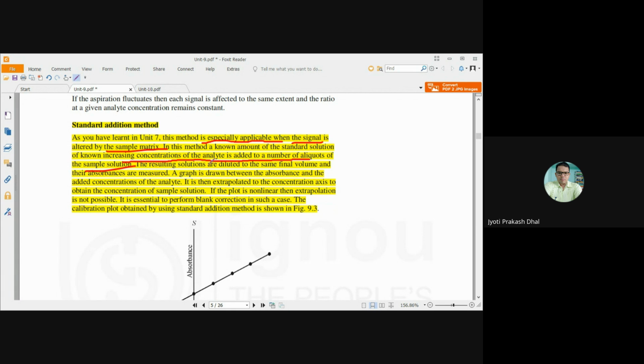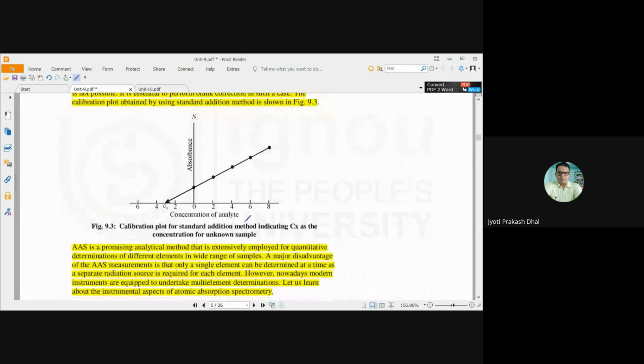The resulting solutions are diluted to the same final volume and their absorbances are measured. After that, a graph is drawn between the absorbance and the added concentration of the analyte. It is then extrapolated to the concentration axis in order to obtain the concentration of the sample solution.